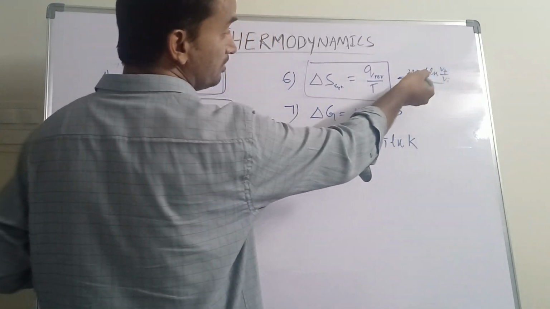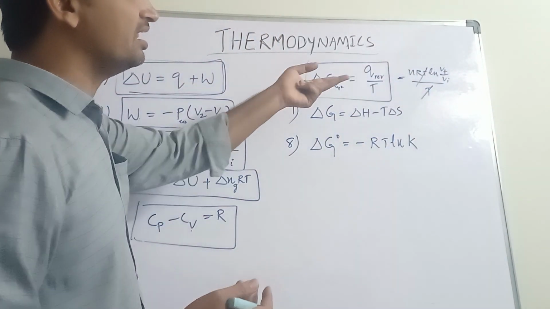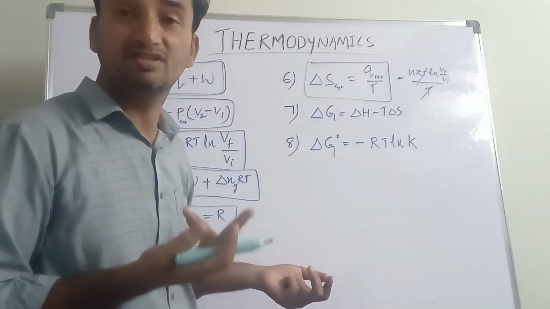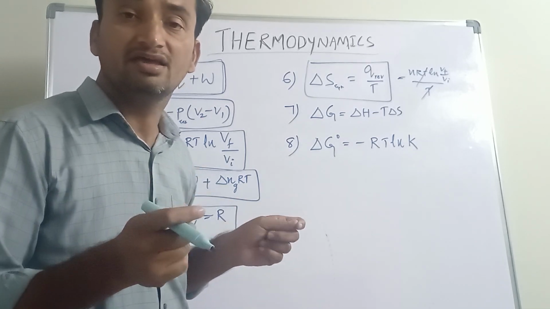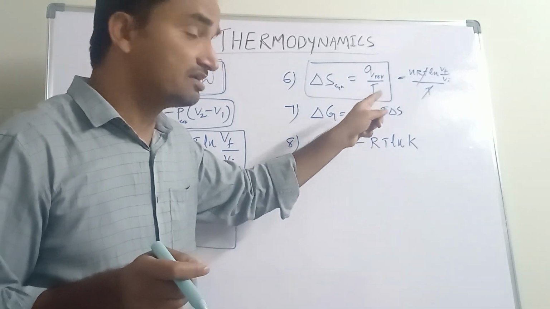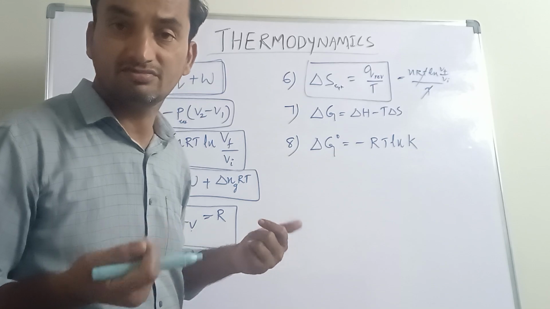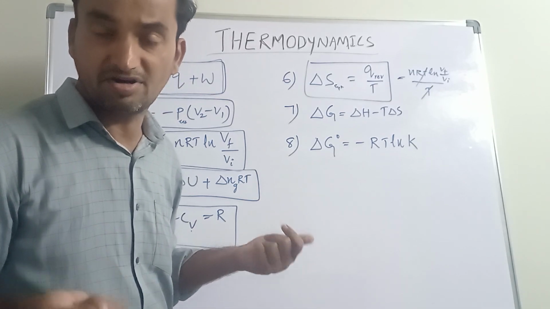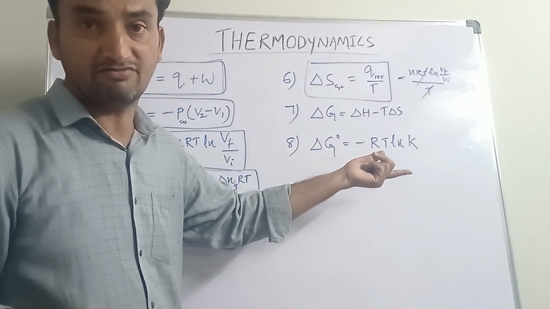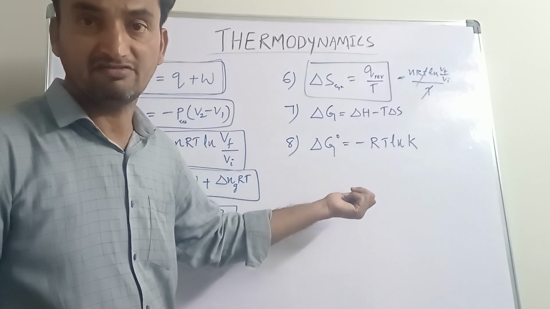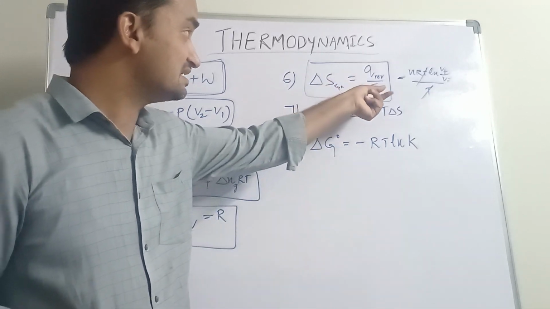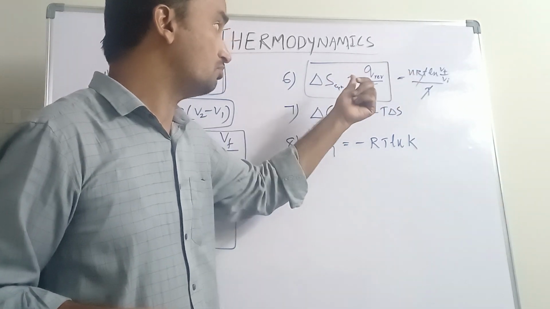The value will be only delta S equal to nR ln Vf by Vi. If they give the pressure, Pi by Pf, the initial pressure by final pressure, it changes accordingly.